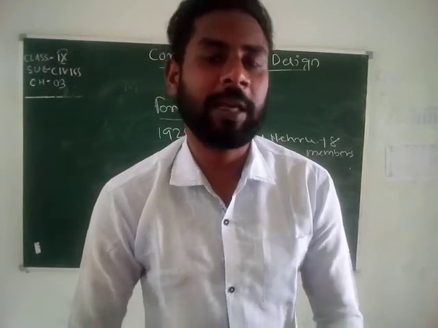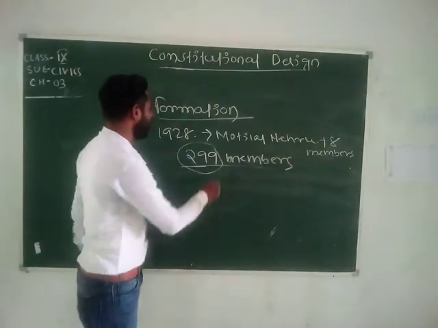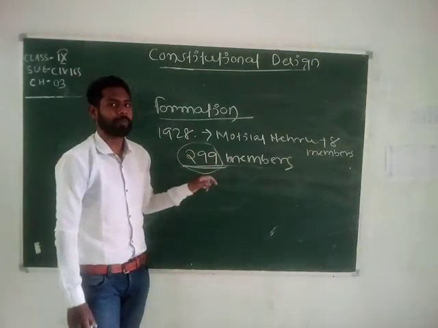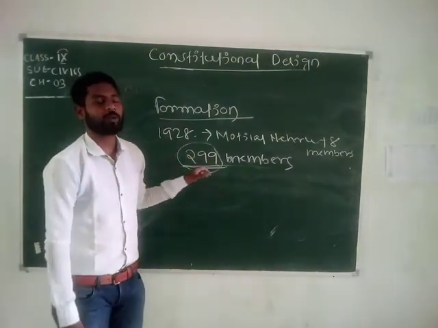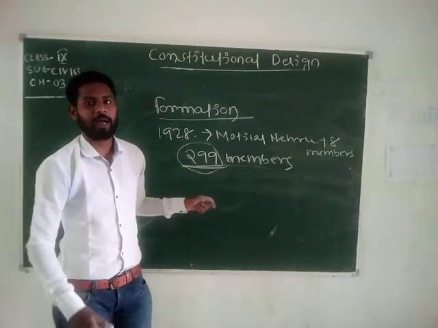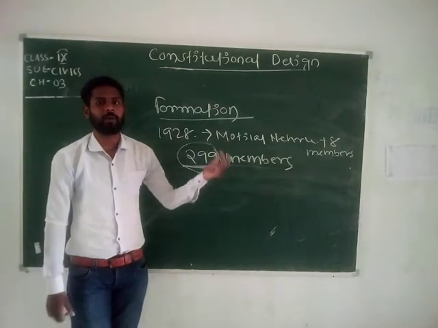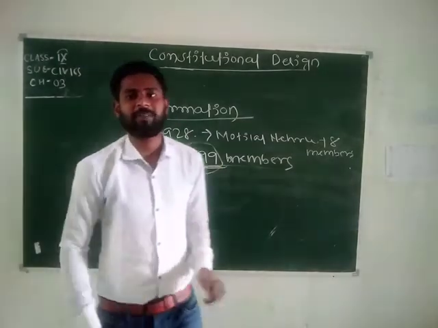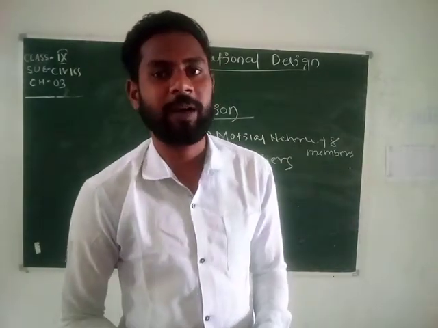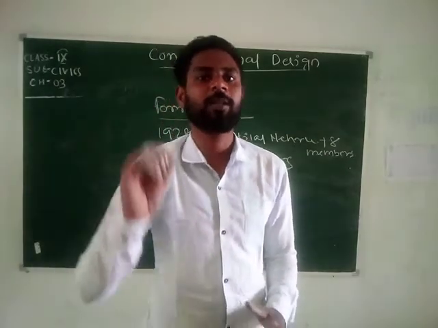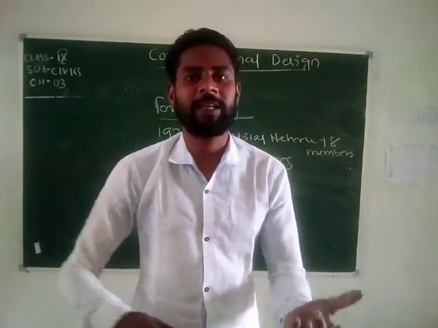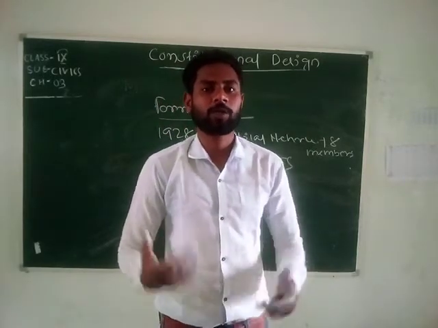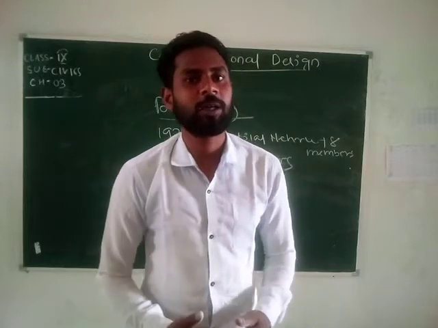Every representative in the constituent assembly had the idea of what the people needed, because these members belonged to different religions, societies and backgrounds. So they knew that people wanted this type of equality and this type of facility in society.